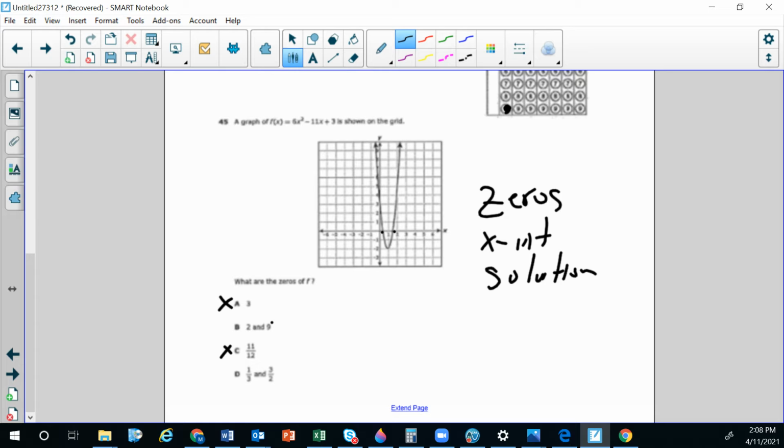That is not going to be an option because 9 is way up here on the graph. So the correct option is D. 1/3 and 3/2, and 3/2 is 1.5. You can see 1.5 is between 1 and 2.